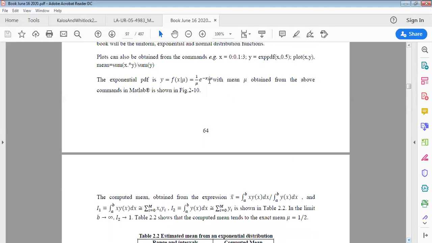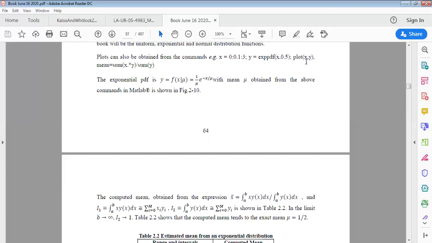Now you can give the command yourself. These commands which I showed you, you can reproduce them by saying that x goes between 0 and 3 in increments of 0.1, and y is the function x PDF, variable x, with the normalization factor, inverse of the normalization factor as half.